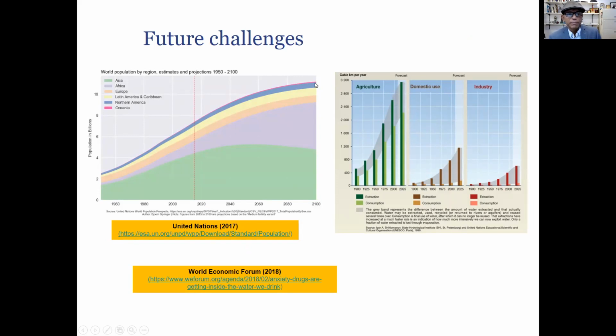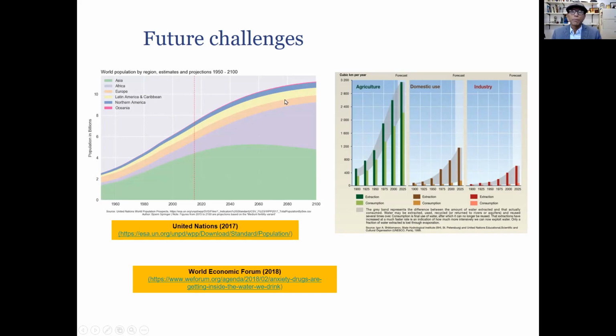Currently, we have about 7.5 billion, so about another 3 billion people are coming, and most of the increases are going to happen in Asia and Africa. In terms of water, currently about 70% of all available water goes into agricultural food production. Another 20% goes into domestic use, for our drinking for example, and another 10% goes into industry.